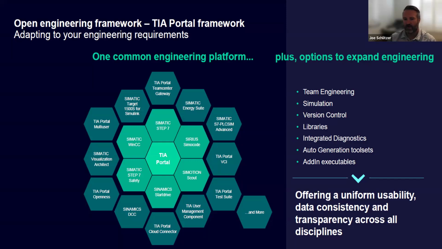So for example, you're going to have a Step 7 license, and that might be a different flavor of license depending on which PLC you're working with. And then you're going to have WinCC licenses for your HMI programming. You might have some motion licenses, or maybe some Start Drive licenses, or some CMO code licenses. So in order to activate that functionality within TIA Portal, you have to have the correct licenses installed. So you'll never, ever receive a TIA Portal license. You'll always have Step 7, WinCC, or like a safety license, depending on what you're working with.